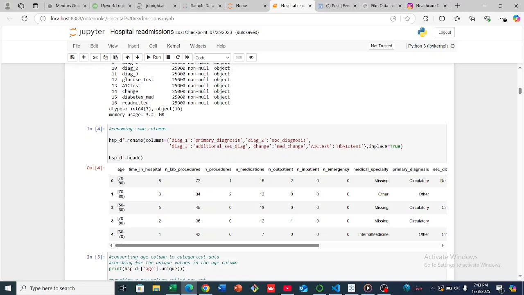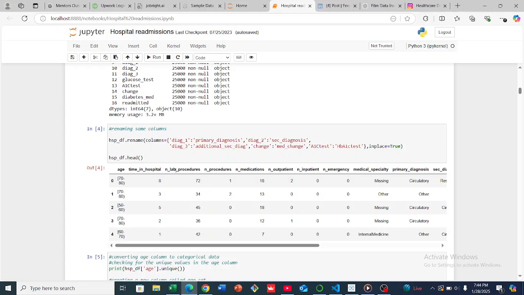Then I also renamed our change column to med changed, as in whether any medication was changed or not. And I renamed our A1C test to HbA1c test. I added inplace equals True so that I don't have to give this data set another name.